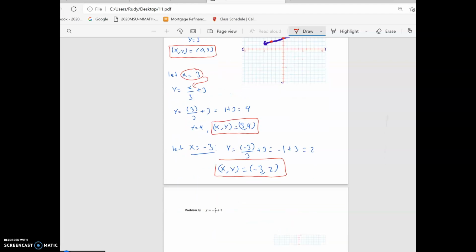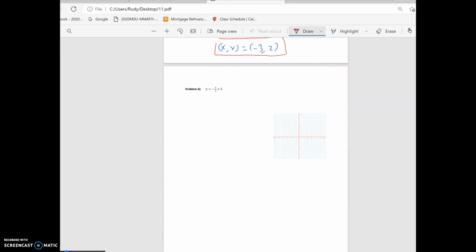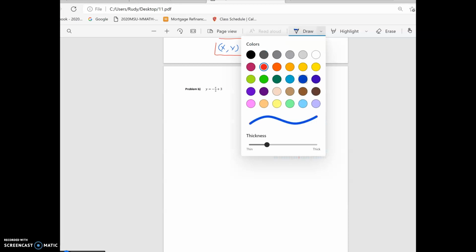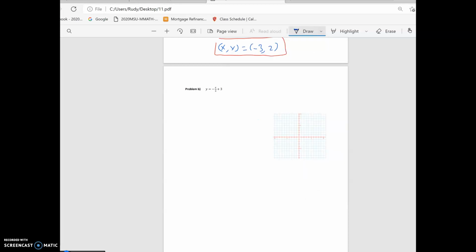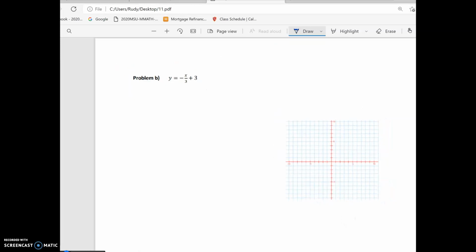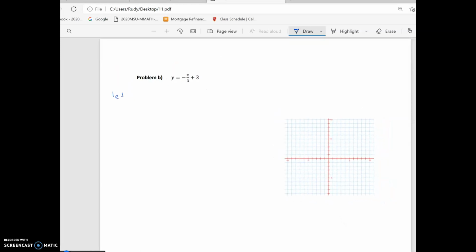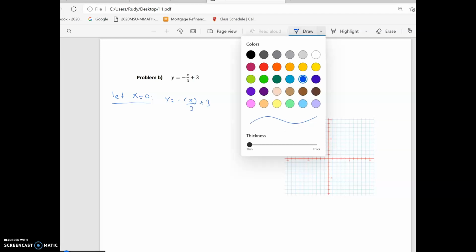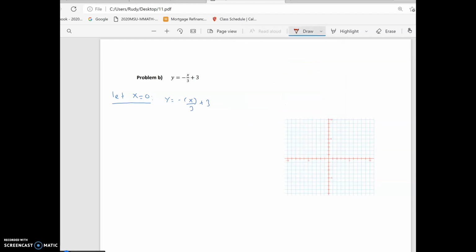Let me go to the next problem, and just like we did with the previous one, let me select 0. So in this case, let x is equal to 0. Your y value is negative x over 3 plus 3, and we're plugging in 0.